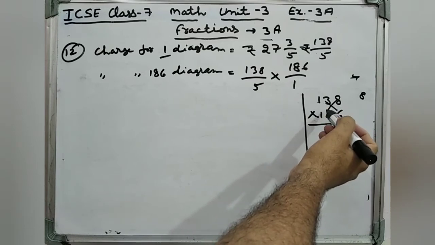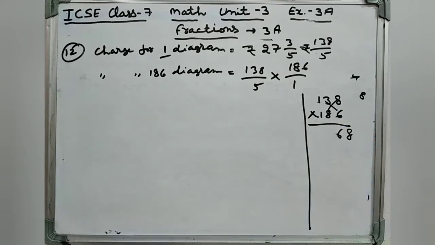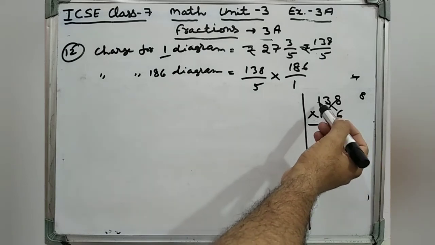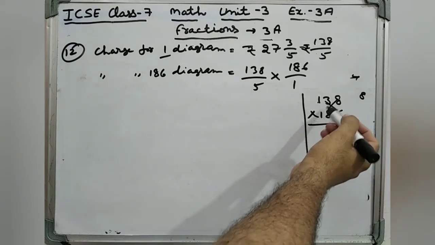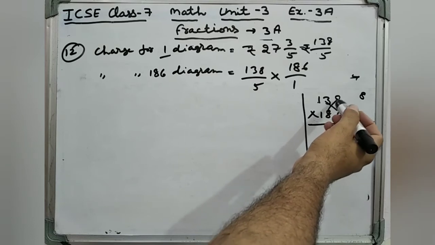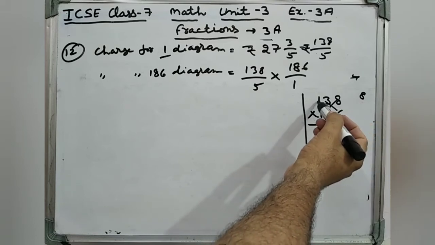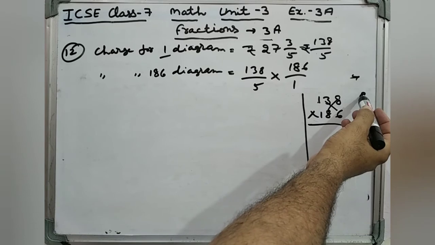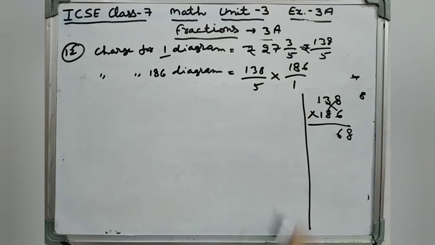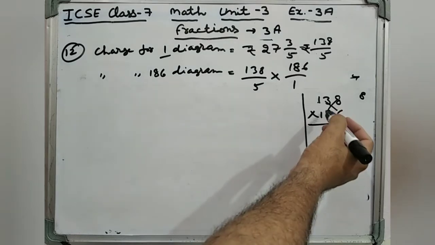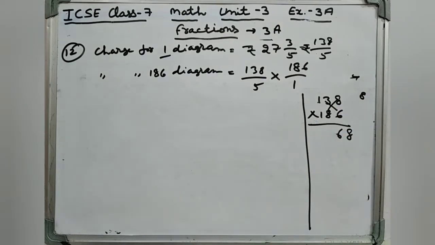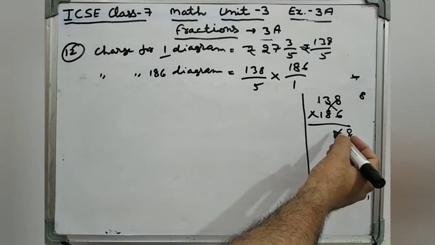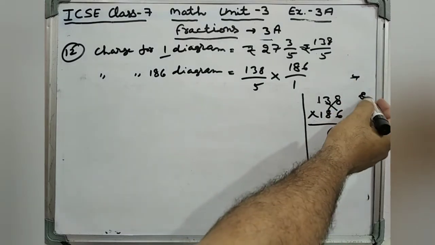18 3 ja 24. Again see it here. 6 1 ja 6, 6 plus 8, 14. 8 1 ja 8, 14 plus 8, 22. Now this 8 3 ja 24, 24 plus 22, 46, 4.